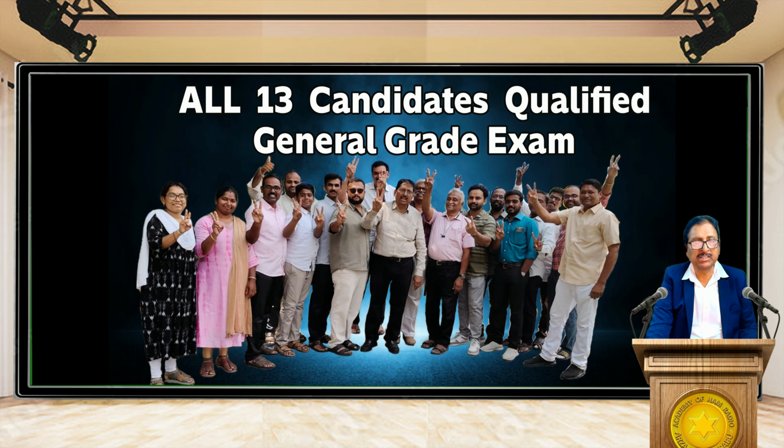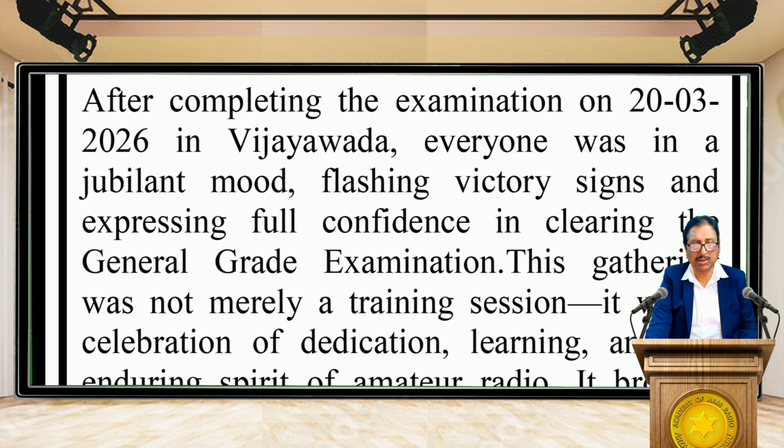I'm sharing all this stuff with a view to help those who want to appear for the restricted grade ham radio license as well as the general grade ham radio license. For restricted grade, this stuff is enough.